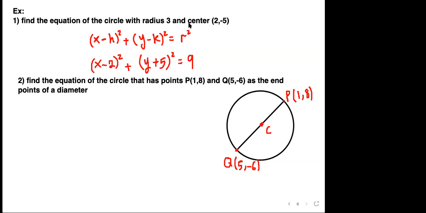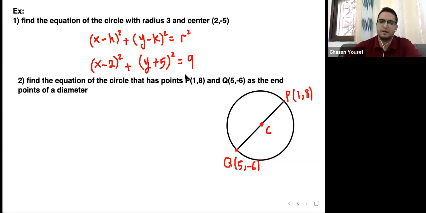The midpoint formula. Exactly. So with the midpoint formula, I can find the center. Add (1 + 5) over 2, (8 + (-6)) over 2. So the midpoint is my center in this question.